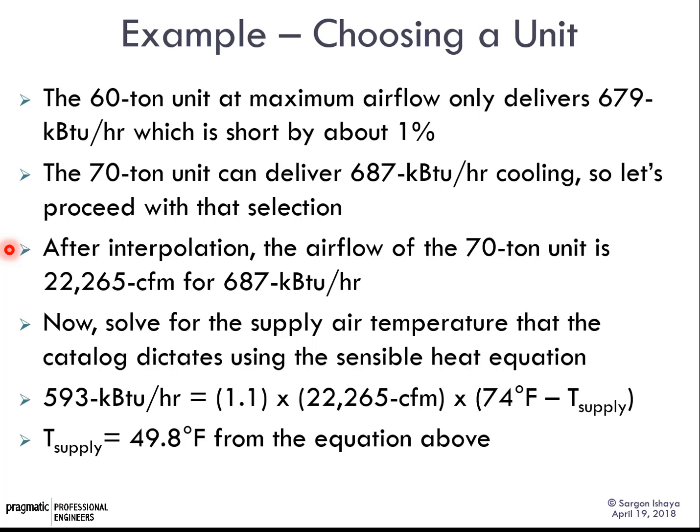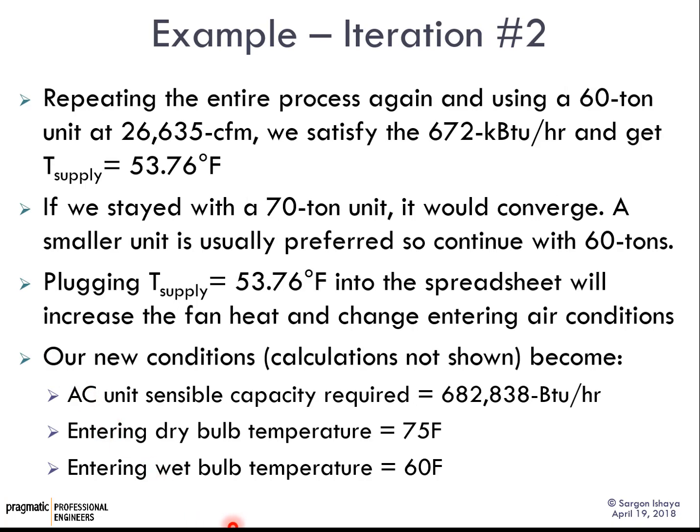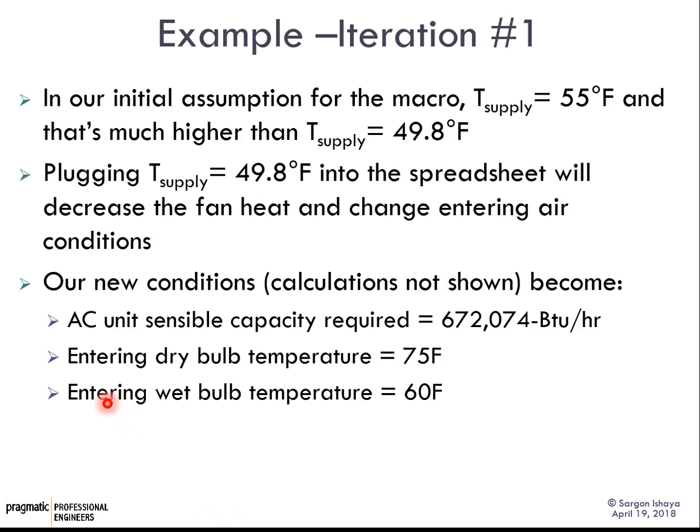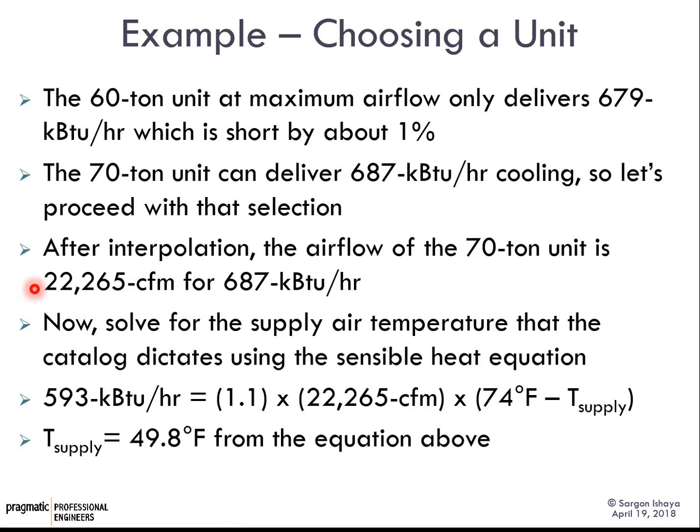So here's where the iterating begins. We solve for the supply air temperature using this 22,265 CFM and our space load. Remember, the leaving temperature out of the unit is a function of the space loads.